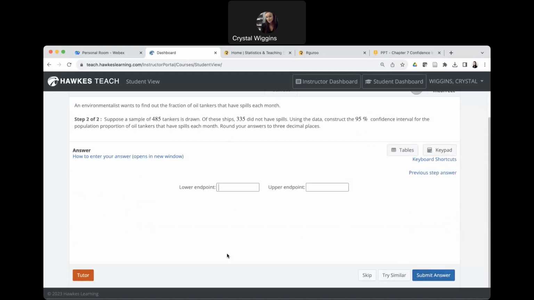The second step in all these questions is then going to ask you using the same data. Okay, so again, my categories are opposite, but I already have the 150 for the spilled category. They're then going to give you a confidence level, and they are going to ask you to calculate a confidence interval. So recall, confidence intervals allow us to be more confident about what's going on in the population.